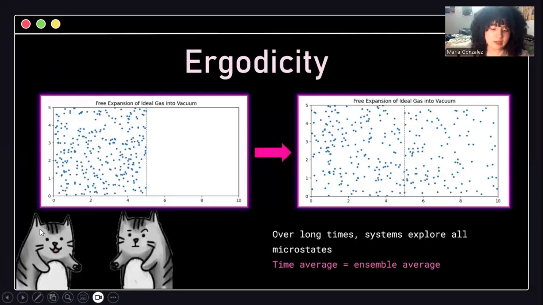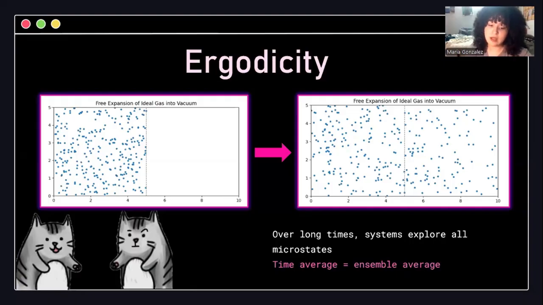So now that we have seen how gases spread and entropy increases, it's worth asking why the simulations actually work. Why is it valid to simulate a single box of particles and then make broad thermodynamic claims about pressure, temperature, and entropy using T equals 1? The answer lies in a powerful concept of statistical mechanics that we have seen a lot in class: ergodicity.